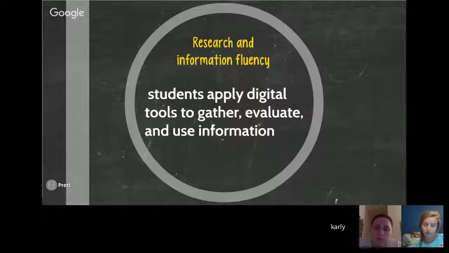So the students are going to be locating, organizing, analyzing, evaluating, and using all of the information that they can find online or in the technology to put it into whatever project they may be working on. And this is also going to involve processing data and being able to report results that they're finding.